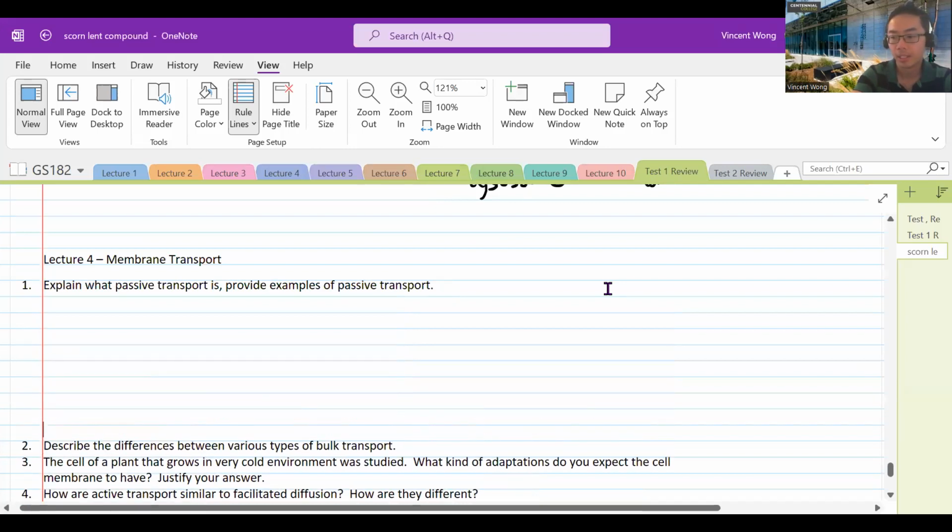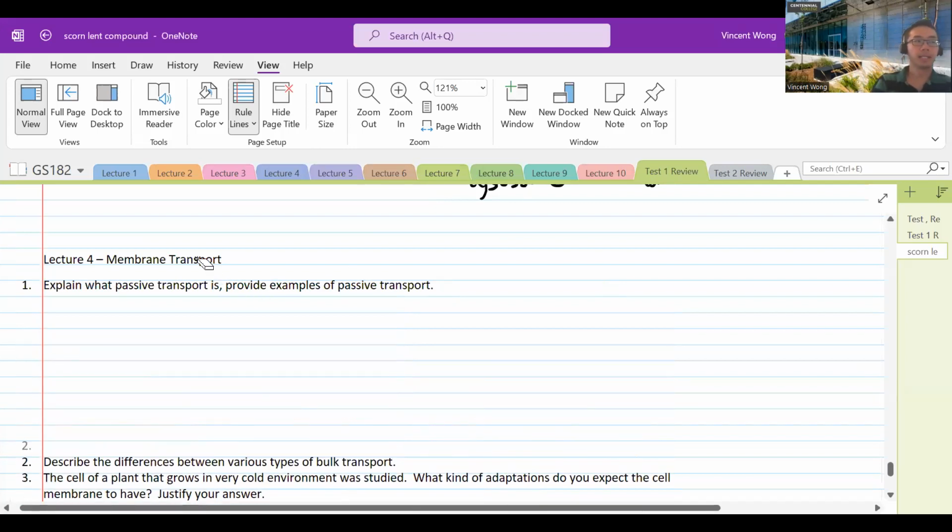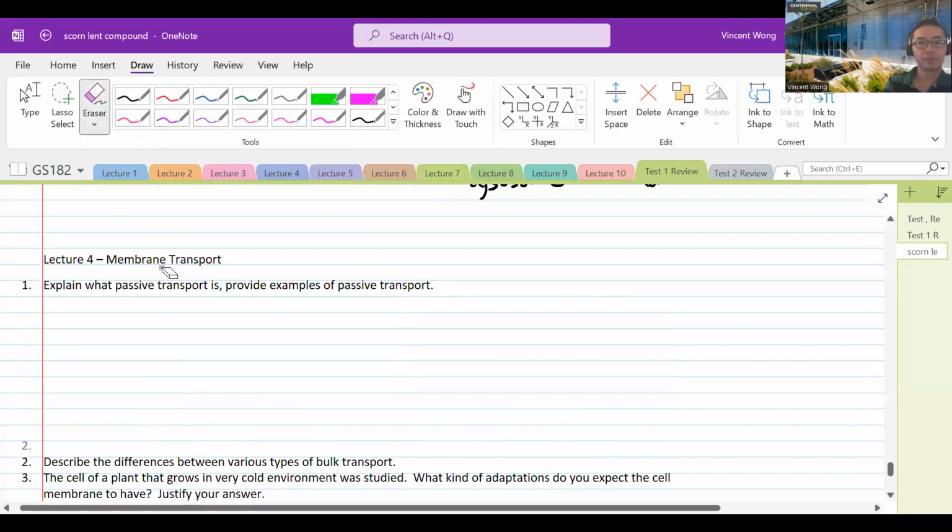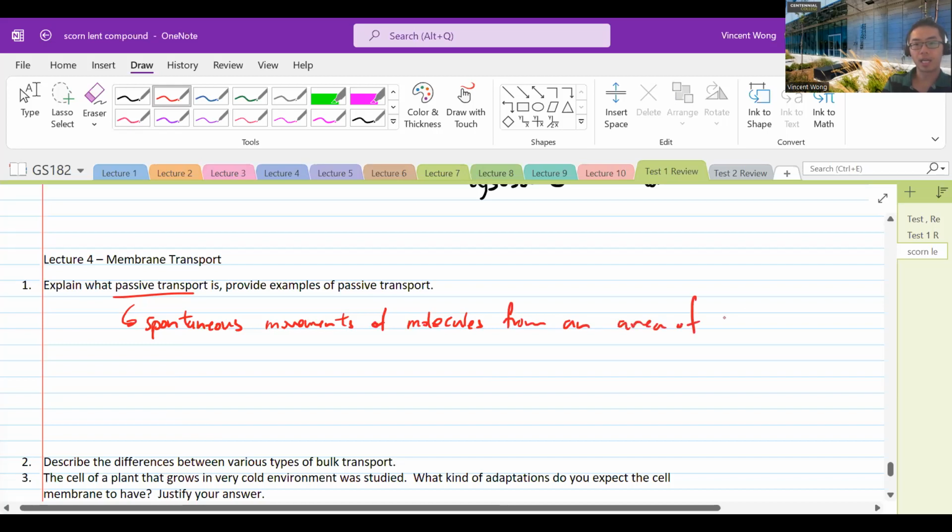Okay, so passive transport is basically the spontaneous movement of molecules, substances, doesn't really matter, whatever you're moving, from an area of high concentration to an area of low concentration.